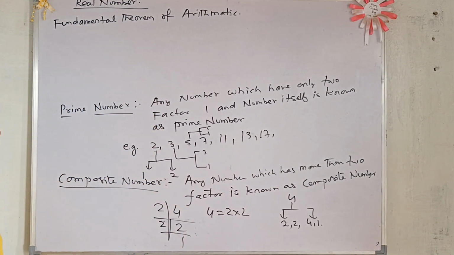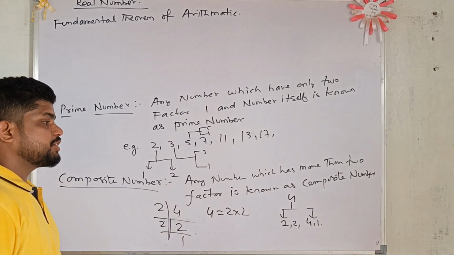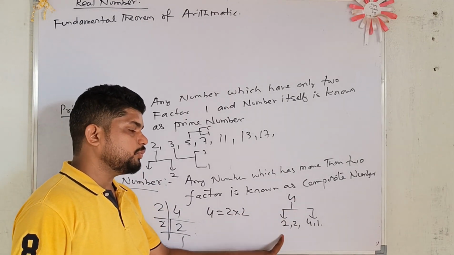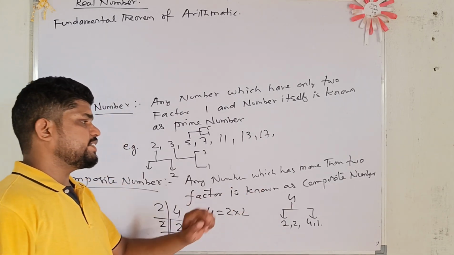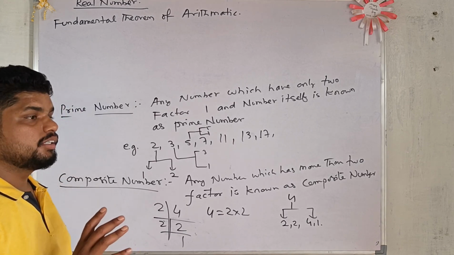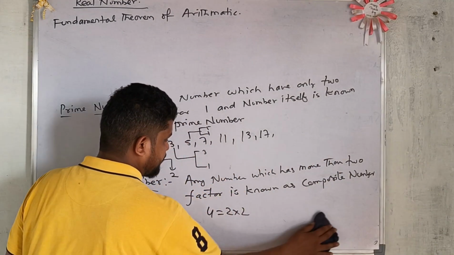Here, other than 4 and 1, which are required for a prime number, 4 has one more factor, that is 2. So 4 is a composite number, and let me tell you, 4 is the smallest composite number.